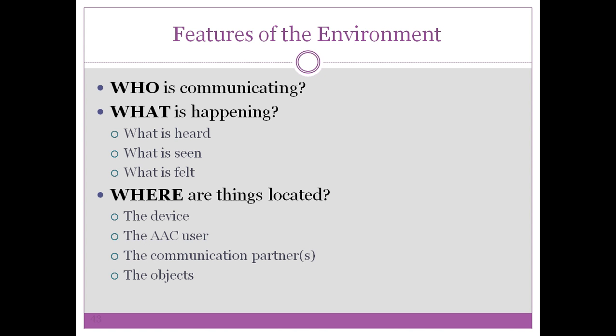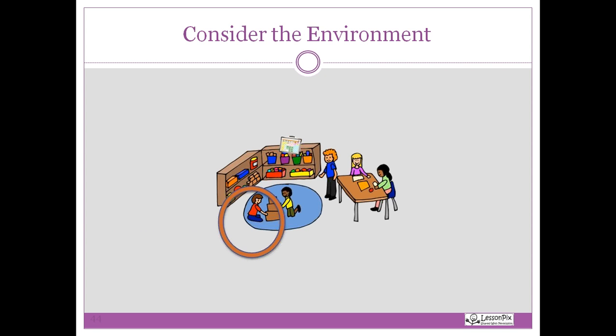Where is the device? Where's the AAC user? Where's the communication partners, the person who most knows the device? And where are the objects that people are interacting with? So if you look at this preschool, kindergarten room, you'll see there's a couple of kids playing, there's girls at the table doing some writing.